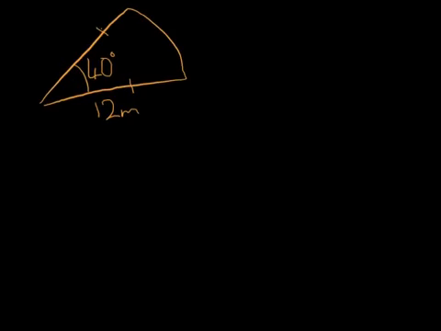So in this case, the perimeter is going to equal, I've got 2 lots of 12, so that's 24. So I've accounted now for these 2 lines. I just have to work out what this line is worth.